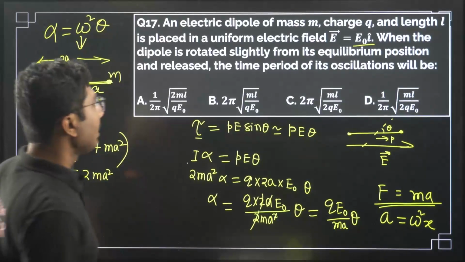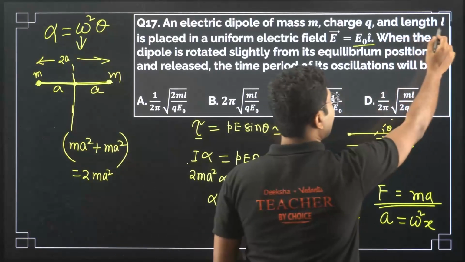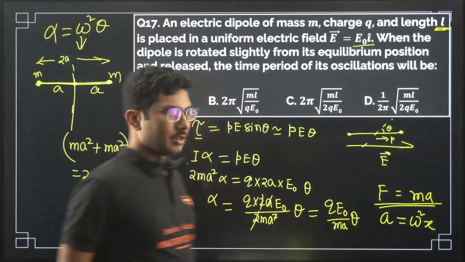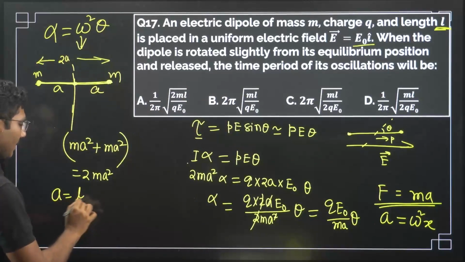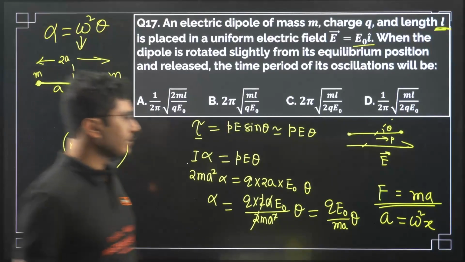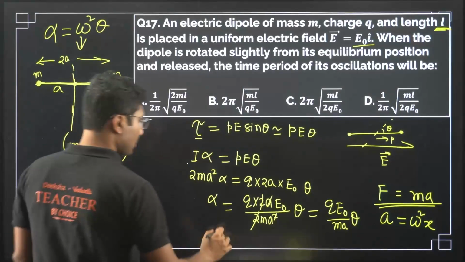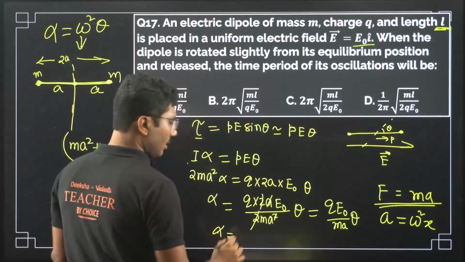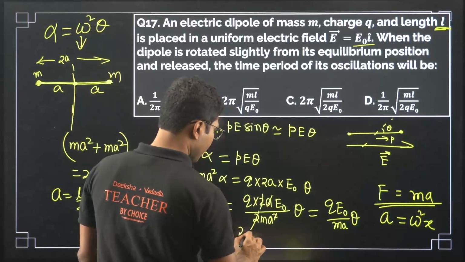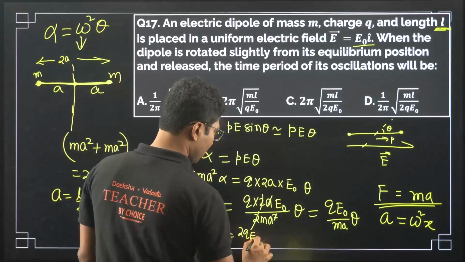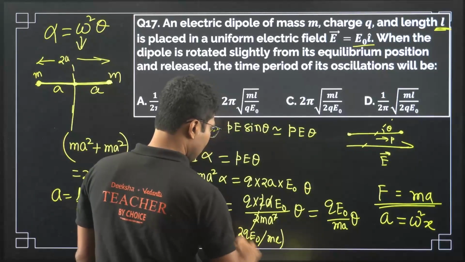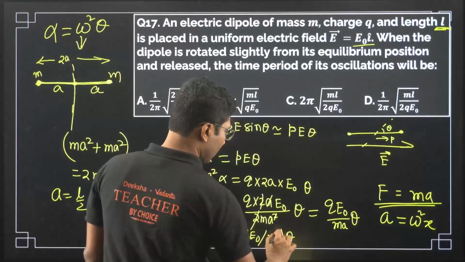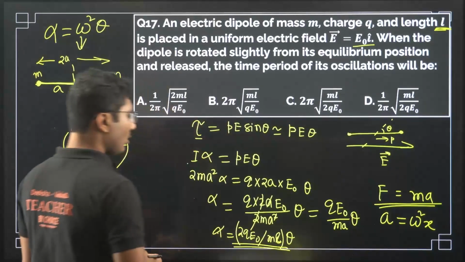Now in the question the length is given as L, so A is basically L by 2. You have to substitute that over here. So alpha equals 2q E naught by m l, theta. This value is nothing but omega square.